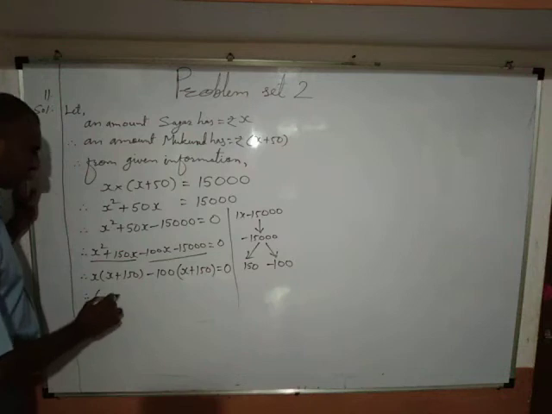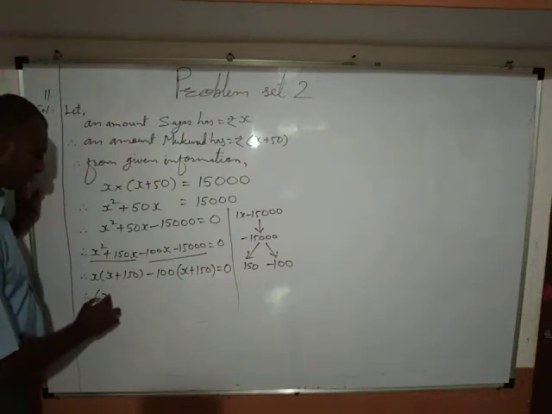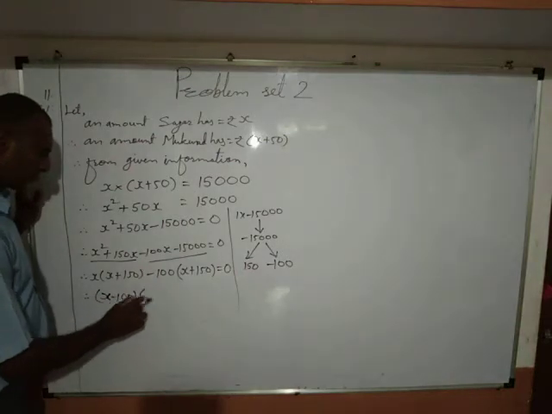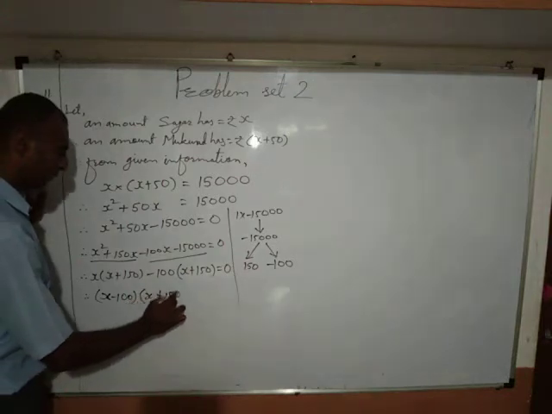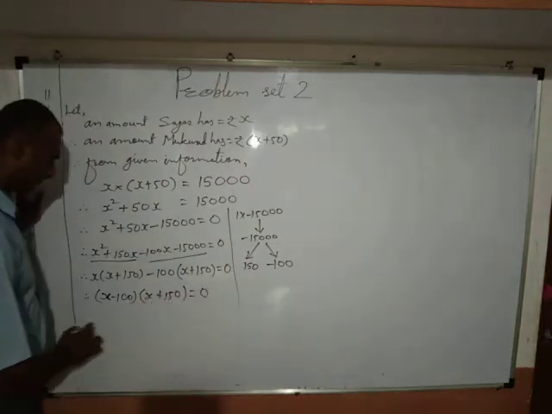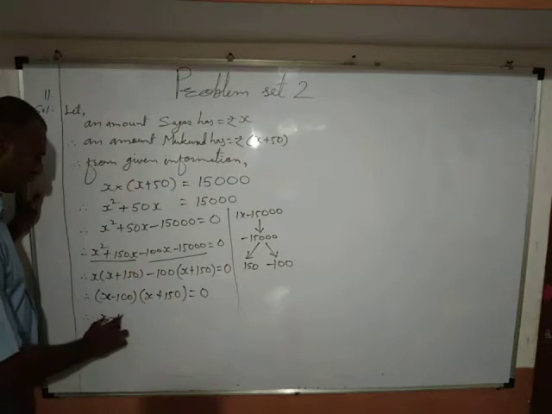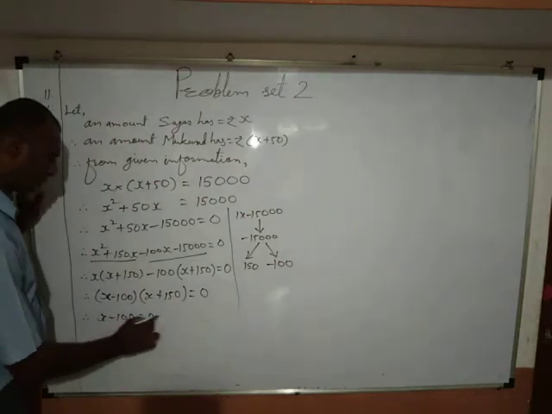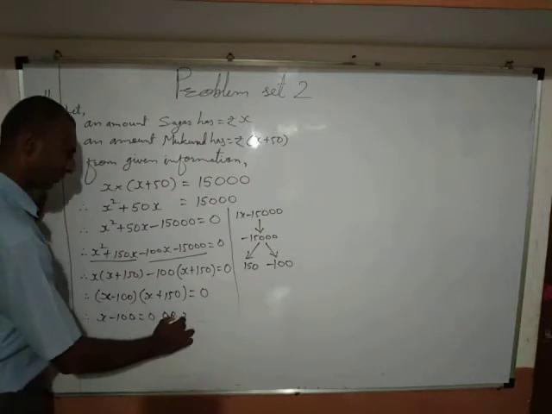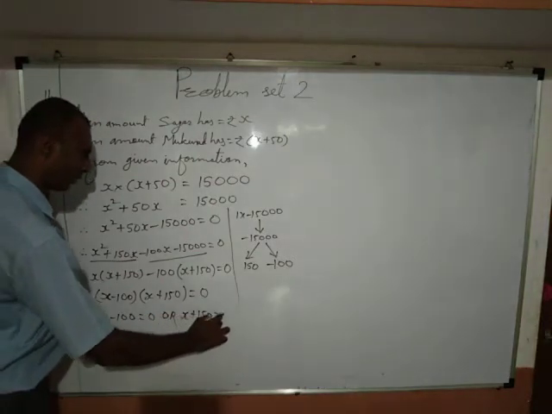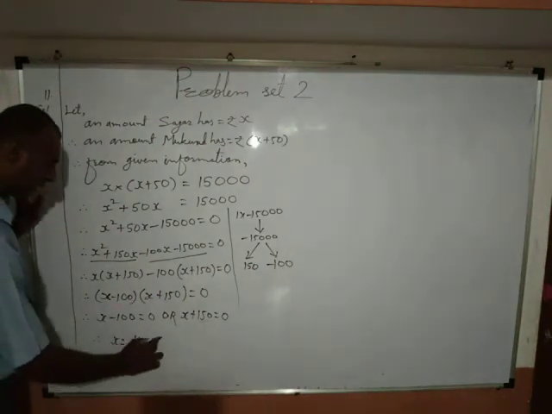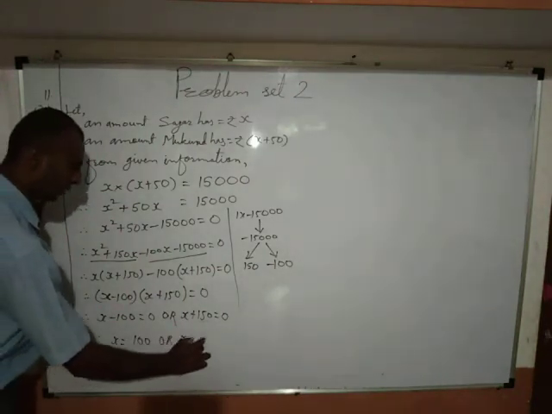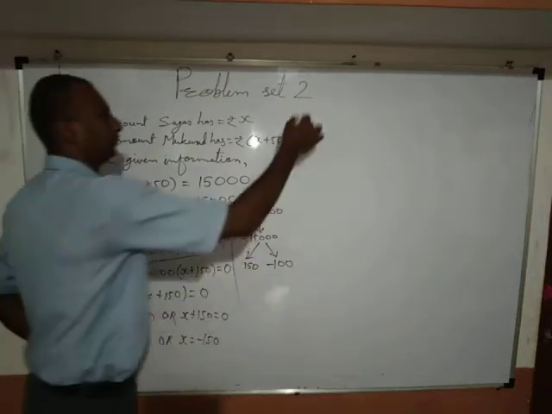And therefore the first bracket's uncommon factor x minus 100, into the common bracket x plus 150, equal to 0, and therefore x minus 100 equal to 0 or x plus 150 equal to 0, and therefore x equals 100 or x equals minus 150.